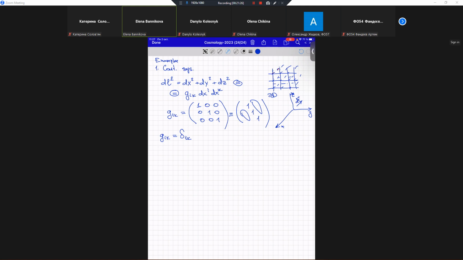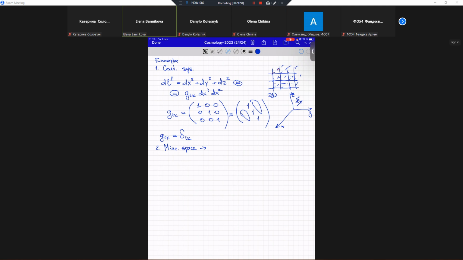So next, for example, consider Minkowski space. This is special relativity, space in special relativity.